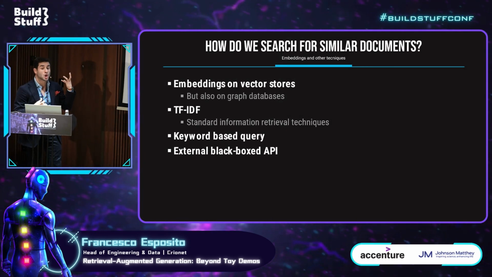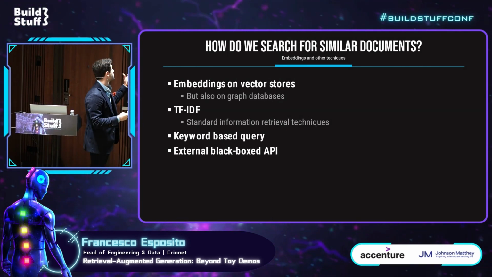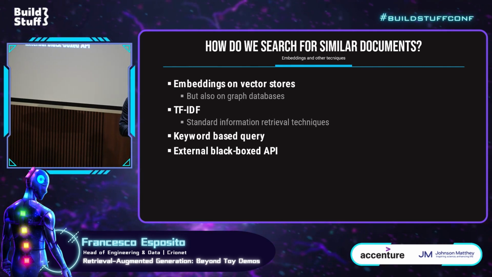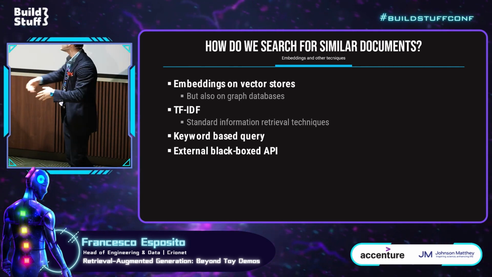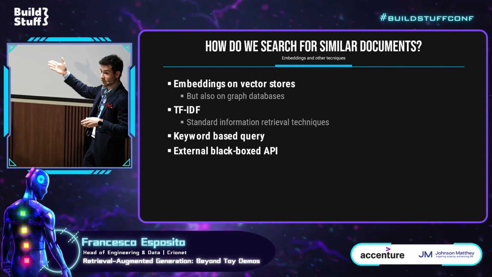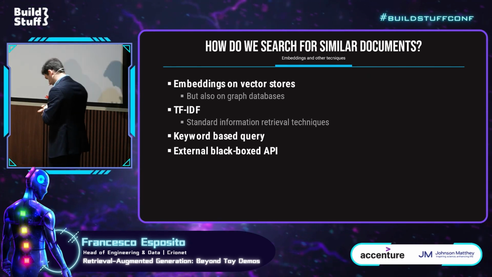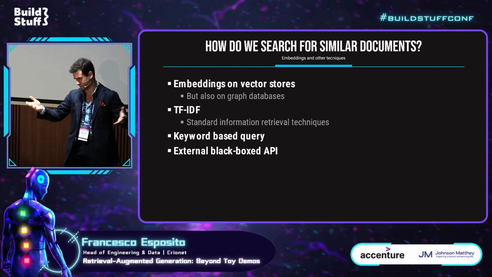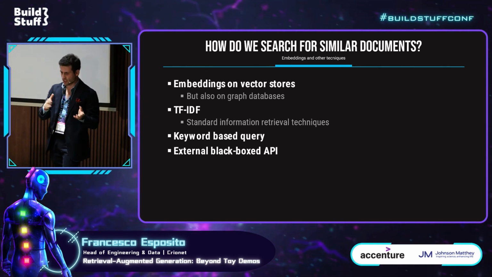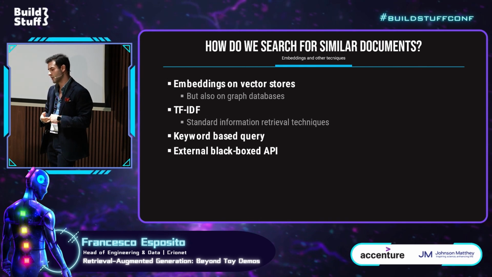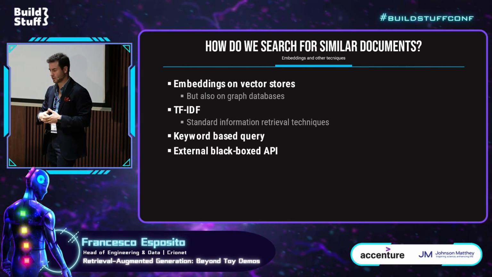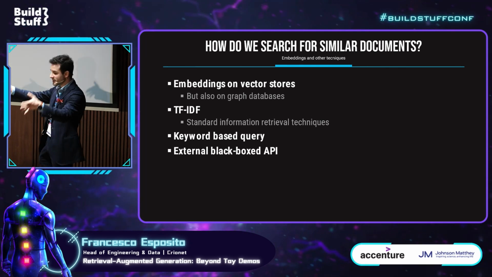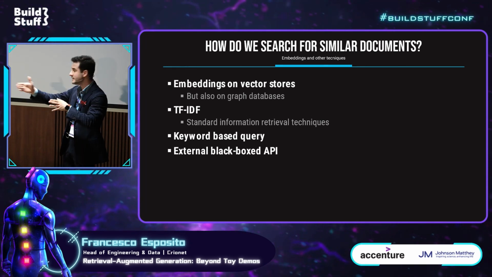So, how is the context retrieved? There are several ways. The most famous these days is for sure embeddings. So we have a vector store. A vector store is essentially a database, and also standard relational and non-relational databases are supporting embeddings. So it's a database with a lot of numbers within it, embeddings.